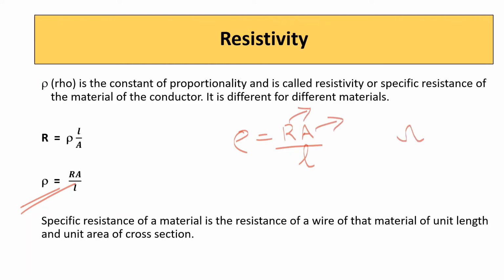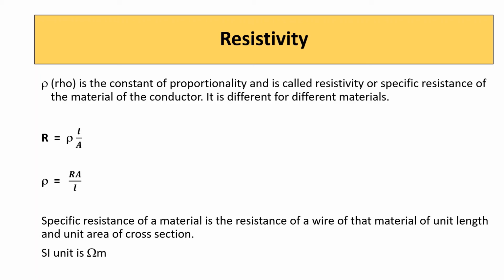Area, it is meter squared. For length, it is meters. Meter and meter get cancelled. Therefore, the SI unit for rho is ohm meter.